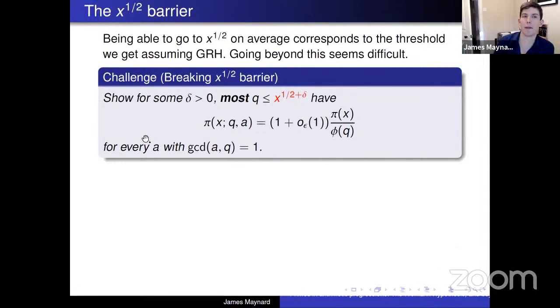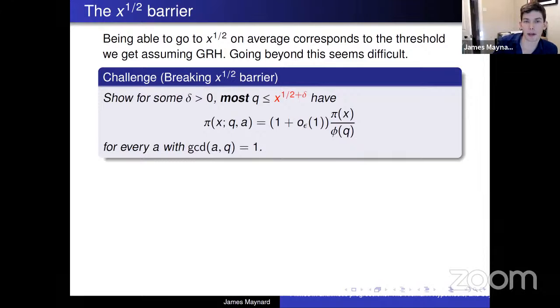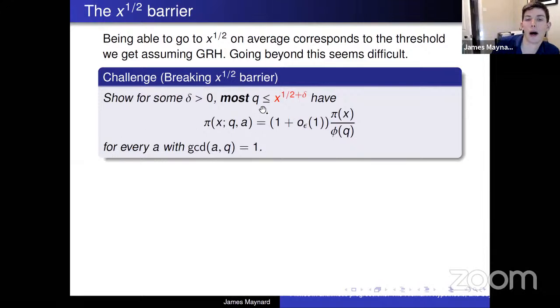This has actually been a very famous problem in analytic number theory, sometimes called breaking the square root barrier, which is trying, as a proof of principle, to go beyond the Riemann hypothesis and show that at least for most q, you get this equidistribution.